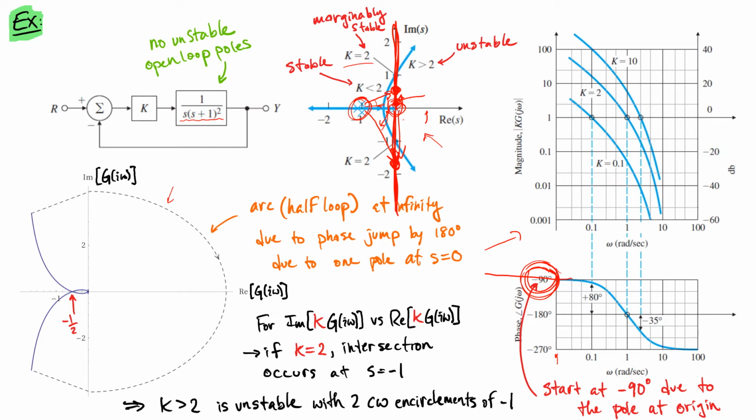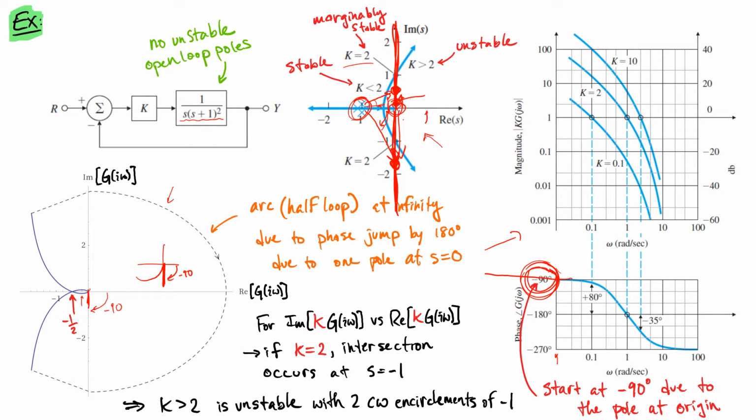So -90 is this angle right here. You can see that this arc comes in, and if we were to zoom in at the origin, this particular arc is coming in like this. And so the tangent is indeed at this -90 angle.